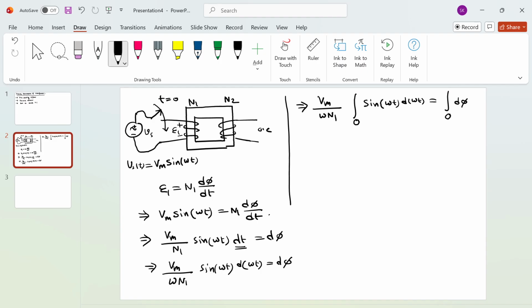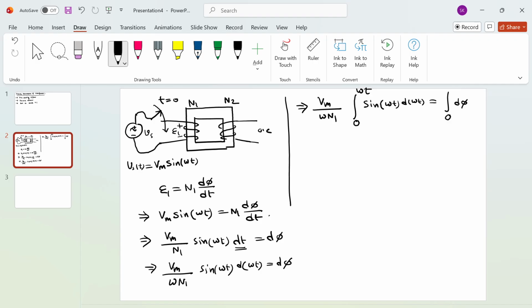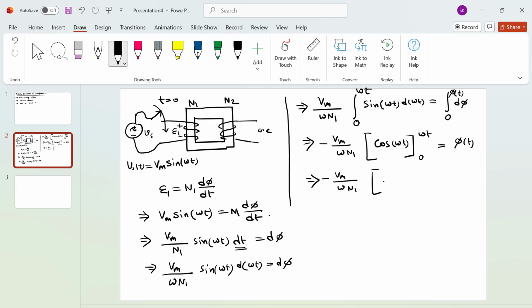So I am considering the upper limit as omega t, and the upper flux limit as the flux at that instant. Now do the calculations. Minus Vm by omega N1 cos omega t from 0 to omega t equals phi of t, which gives minus Vm by omega N1 (cos omega t minus 1) equals phi of t.